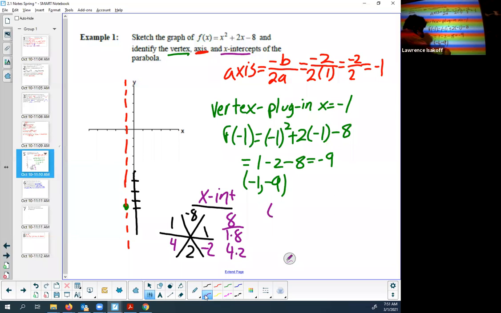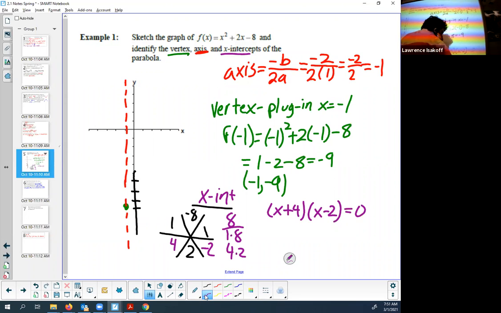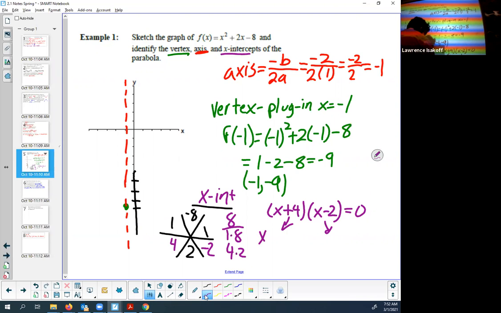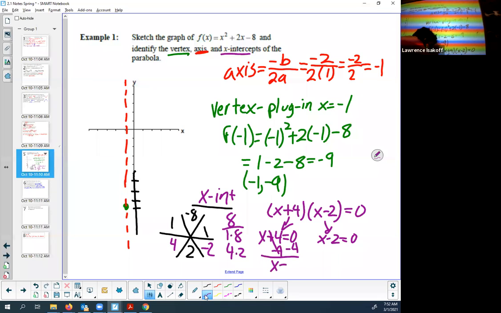So that's going to be x plus 4, x minus 2 is equal to 0, because when I'm at my x-intercept, my y value is 0. We can split and solve these. X plus 4 equals 0. X minus 2 equals 0. Subtract 4. X equals -4.